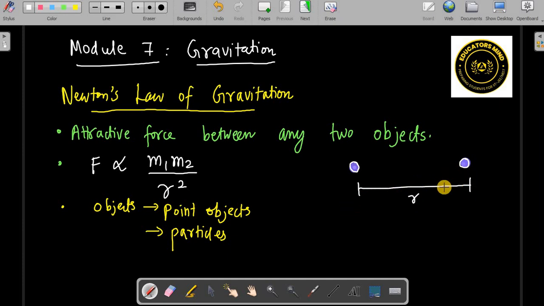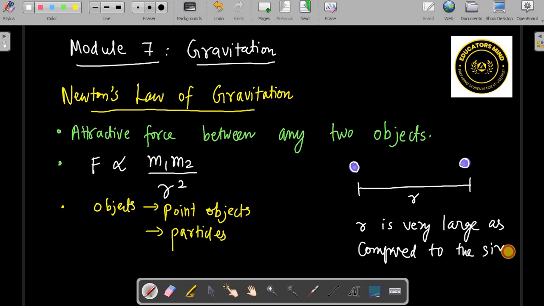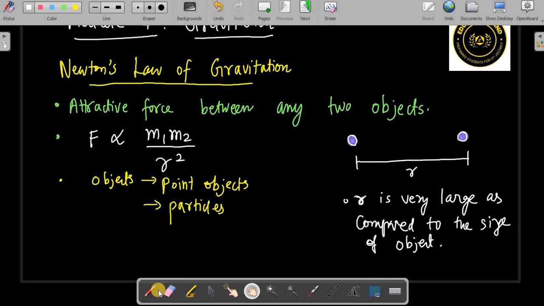Suppose r is very large as compared to the size of the object. So the separation between the objects, r, is much larger than the size of the objects.